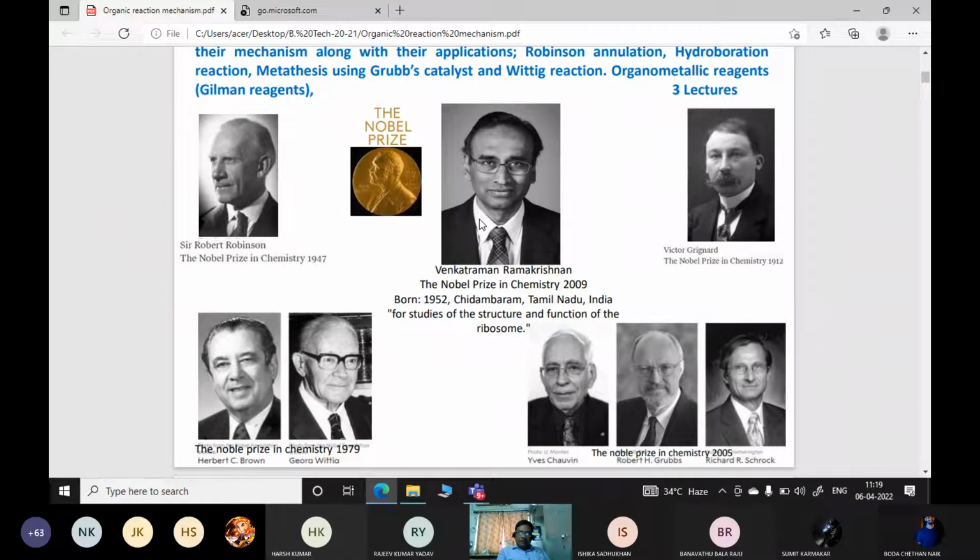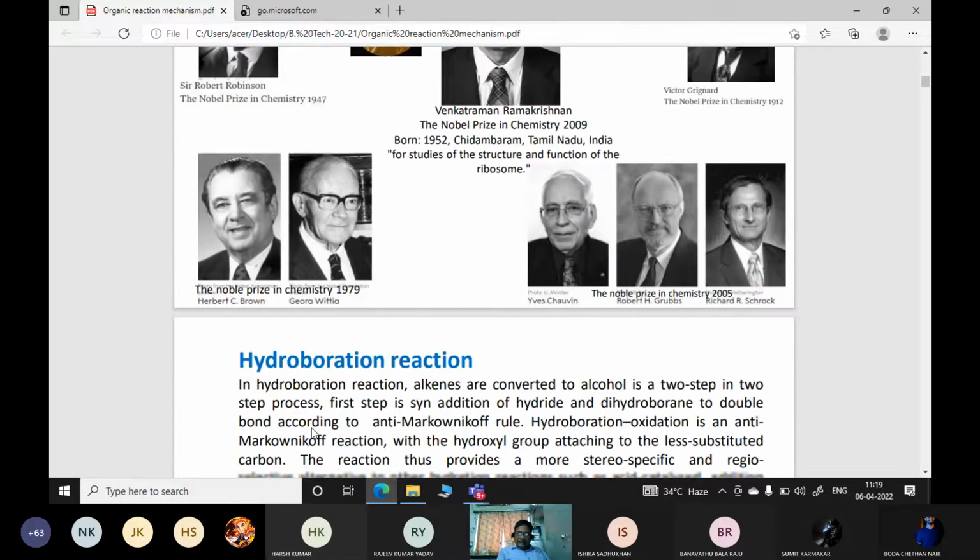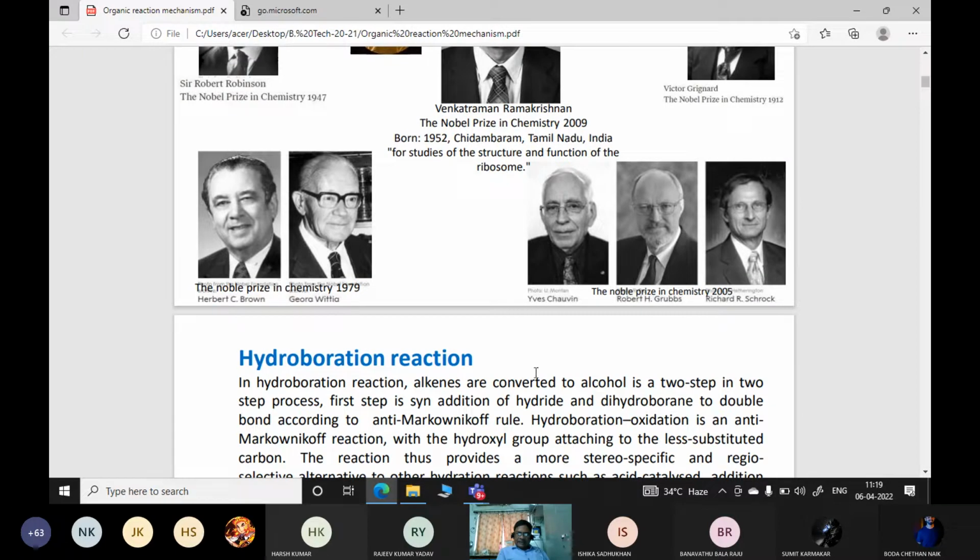He is now a citizen of the USA, but of Indian origin. And Grignard, who was also a Nobel laureate, as well as H.C. Brown, George Wittig, and then these three scientists: Robert Grubbs, Richard Schrock, and Yves Chauvin.